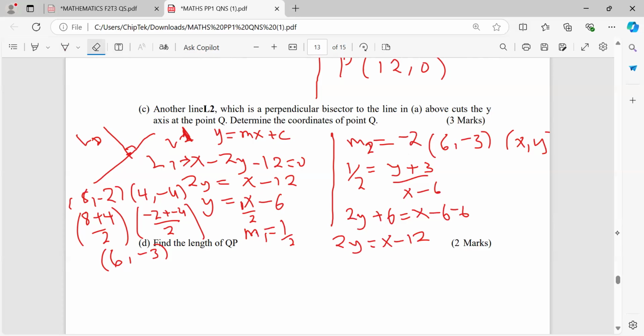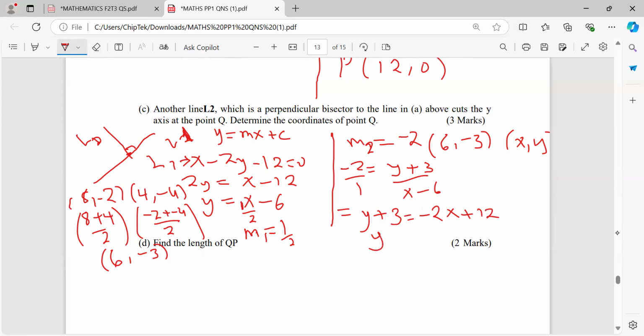So we cross multiply: y plus 3 equal to minus 2 times x minus 6, minus 2x plus 12.